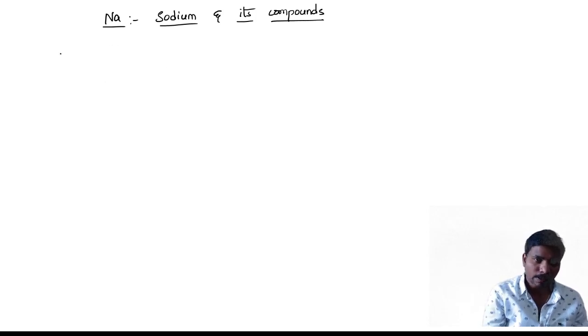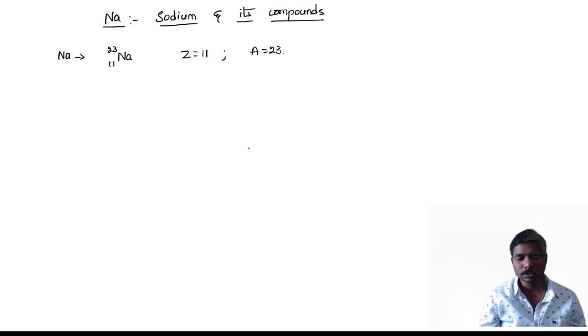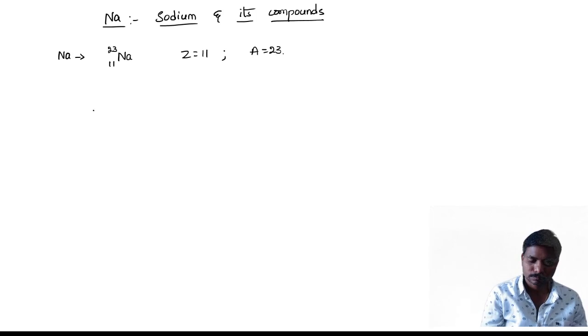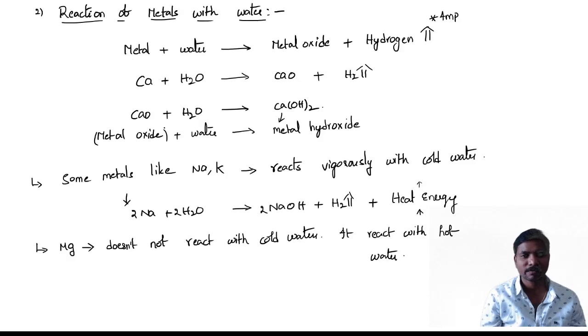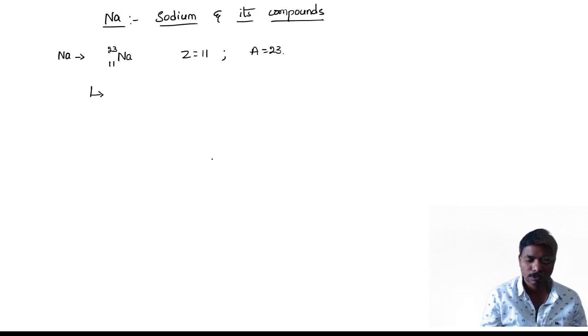You know very well about this sodium. We denote it like 11, 23. That means 11 is the atomic number and 23 is the mass number. And you know very well it reacts vigorously, that means it is highly reactive.